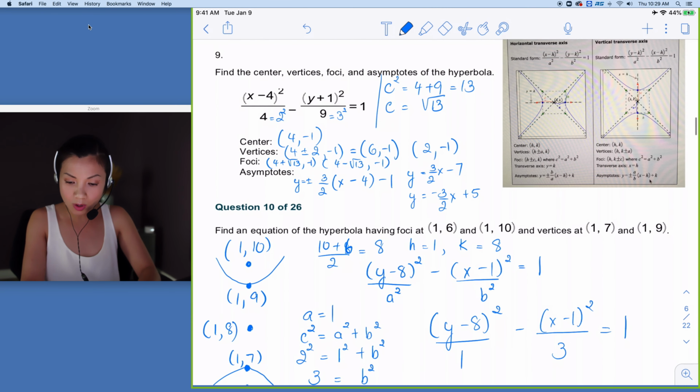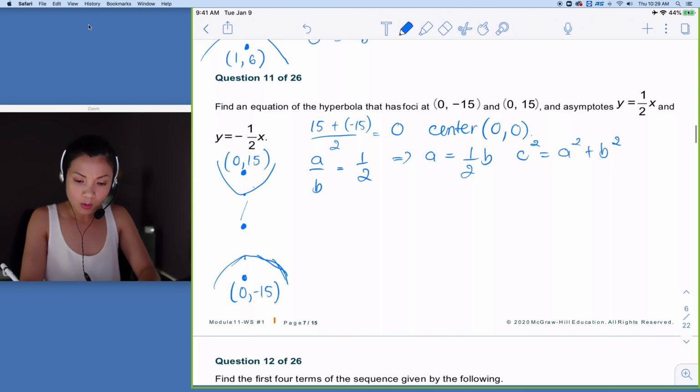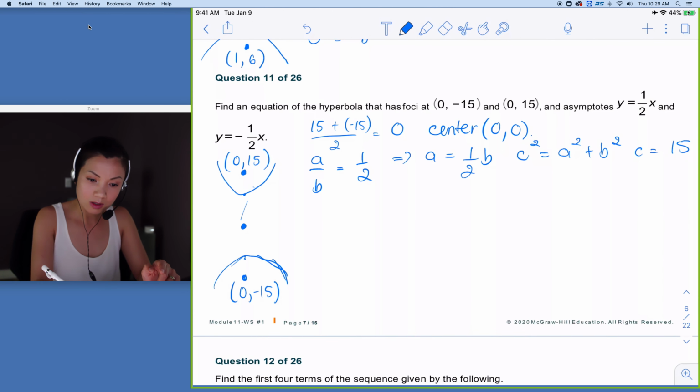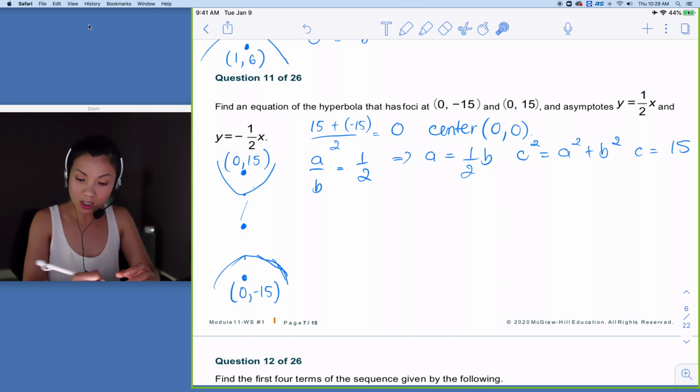Now we know c is the distance from the center to the focus. So c is 15.